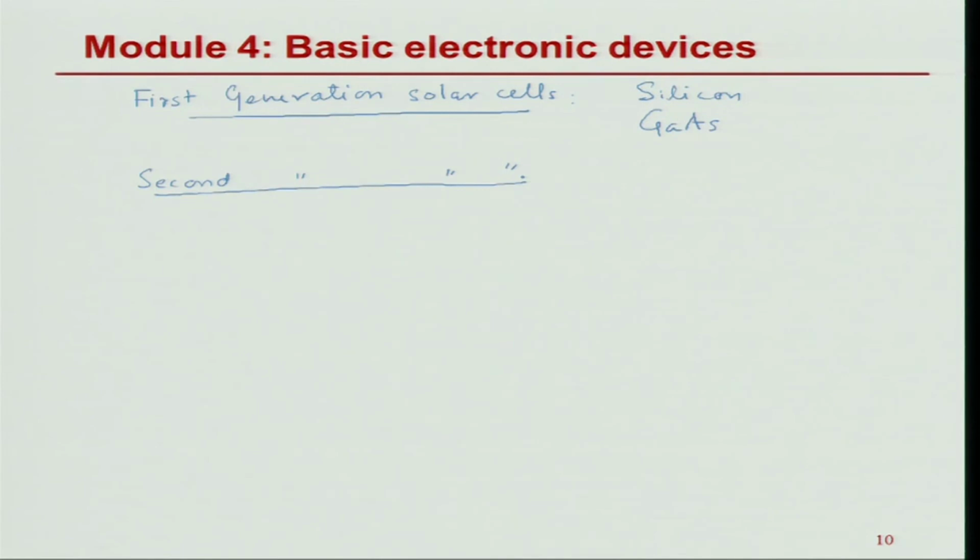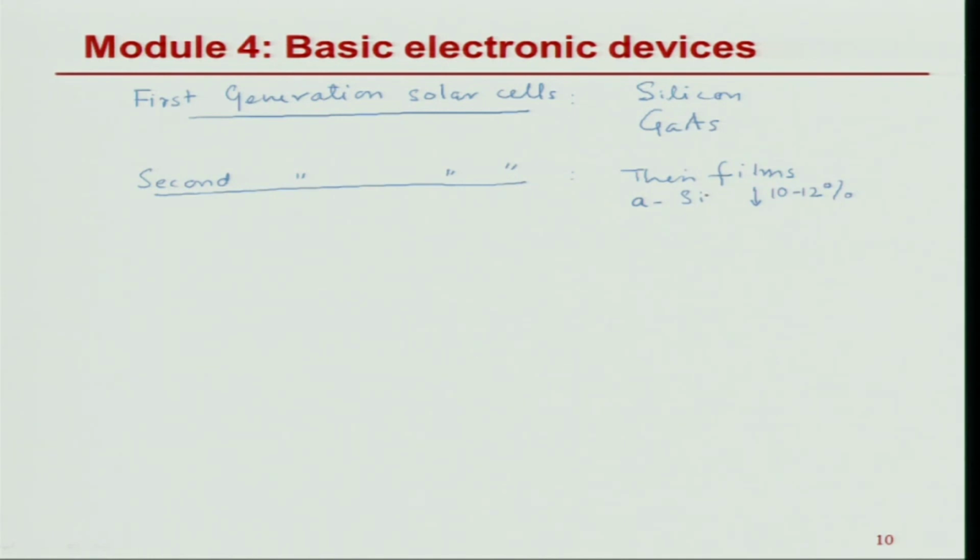The materials used were thin films. As I mentioned, almost 40% of the cost is in the silicon. So with thin films of amorphous silicon, efficiency goes down to almost 10 to 12%, but the amount of silicon you are using is much less. So the cost is reduced quite a lot.